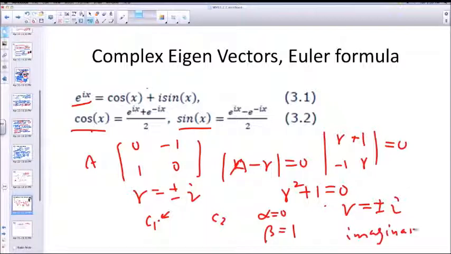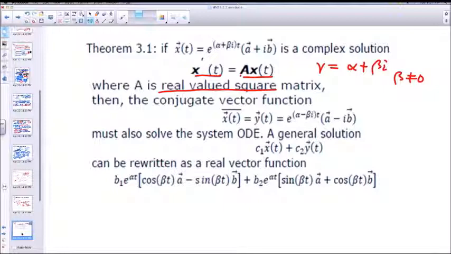That's kind of weird. But the theory says, don't worry. If that's your case, number one, those imaginary complex solutions always come in pairs. That's why it's called conjugate. They always come together. So if this is an eigenvalue, this must also be an eigenvalue.